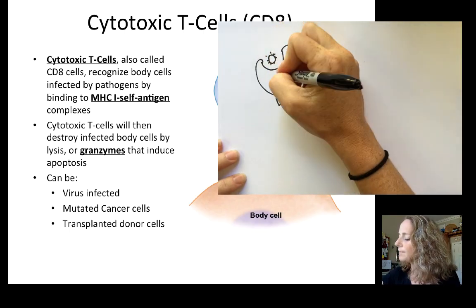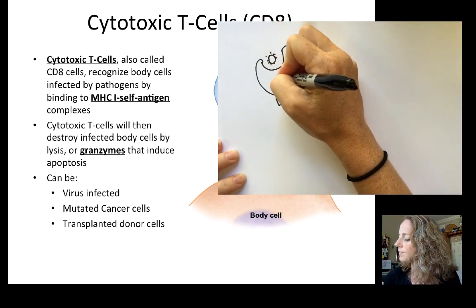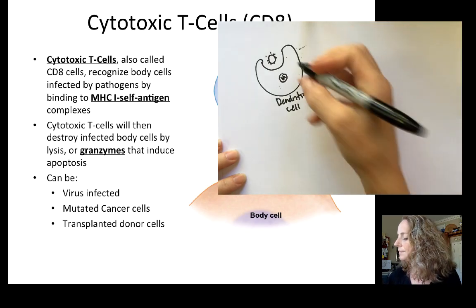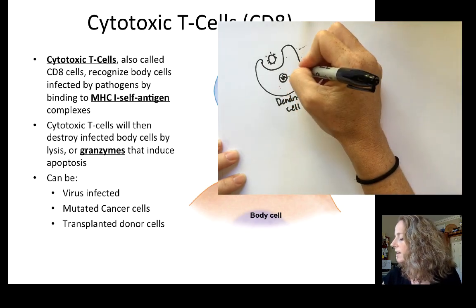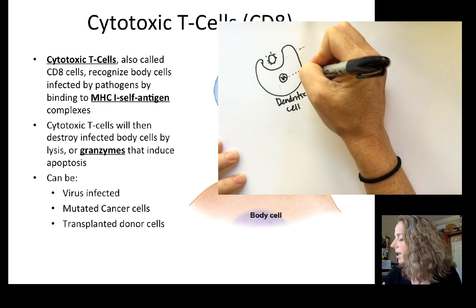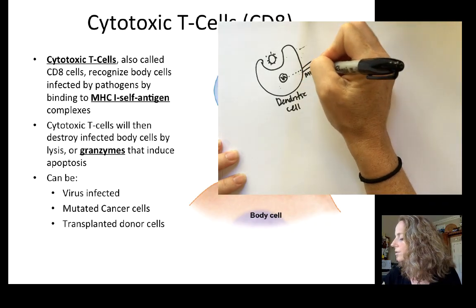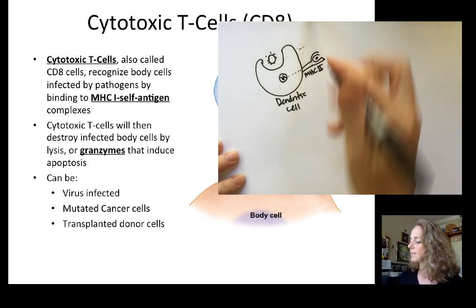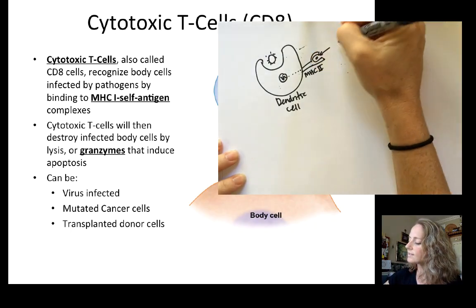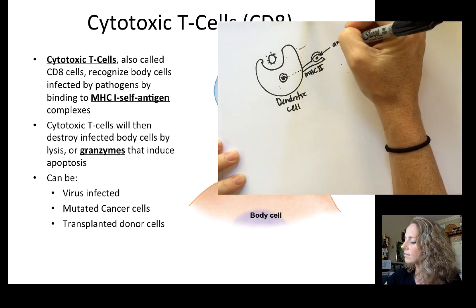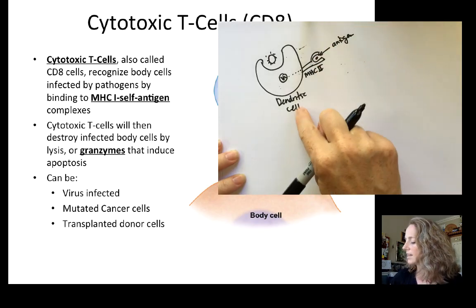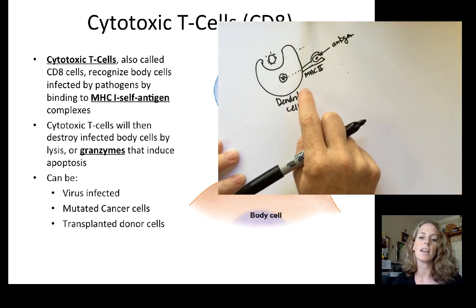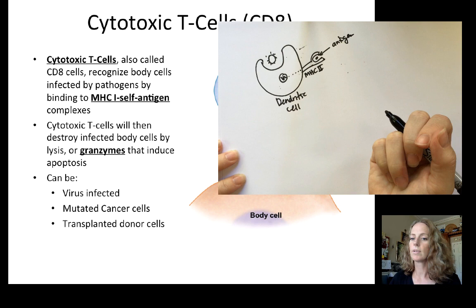And it found one, so it brings it in and breaks it down. It breaks it down and then uses an MHC protein to display it. So this is an antigen being displayed by a dendritic cell on an MHC protein.